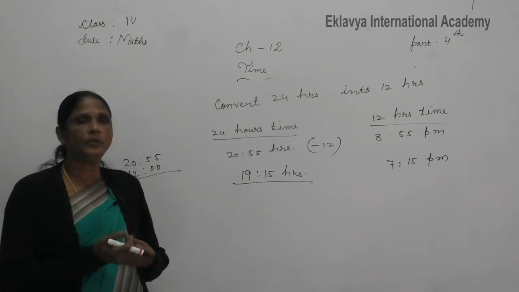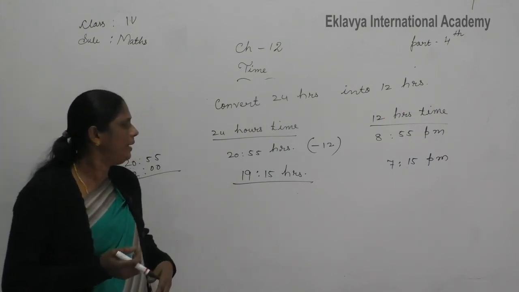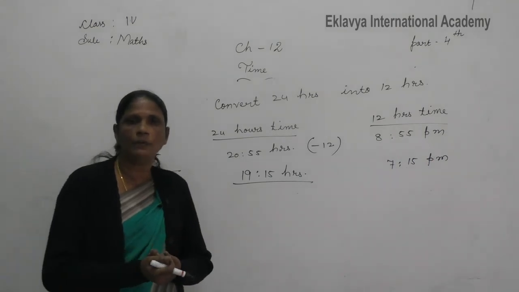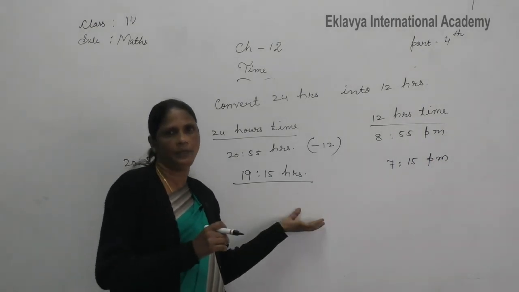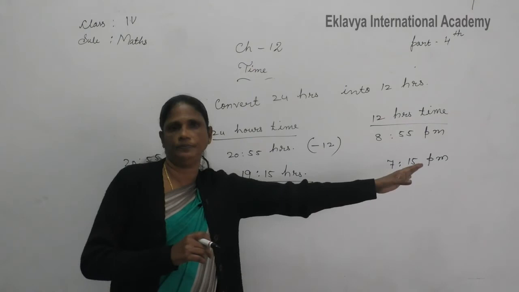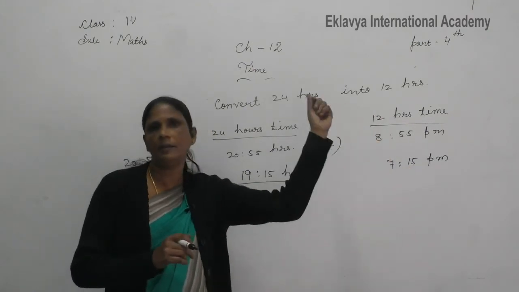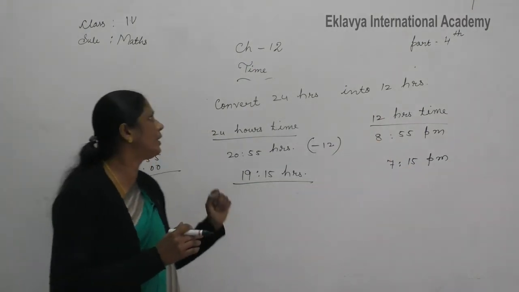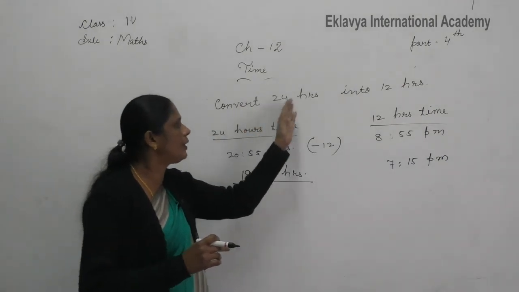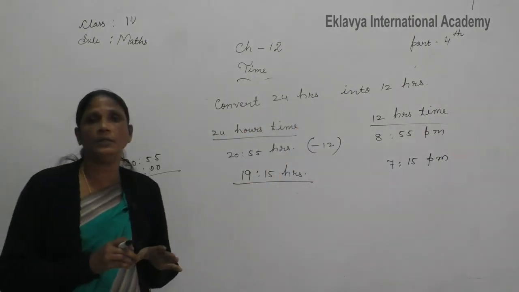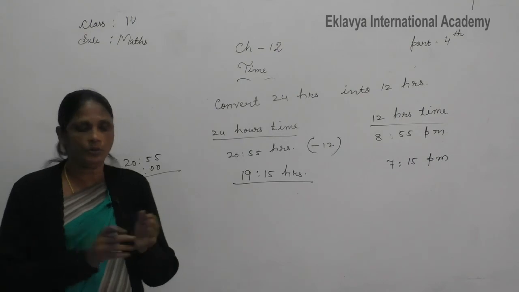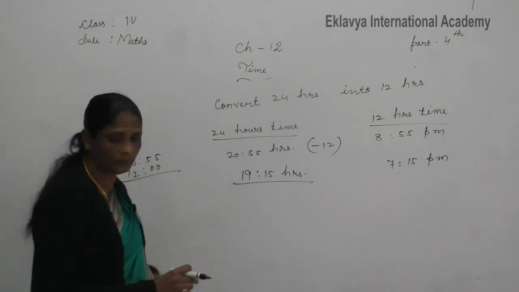If more than 12, we subtract 12 from the time, and that is PM. Understand, you convert 24 hours into 12 hours and 12 hours into 24 hours.